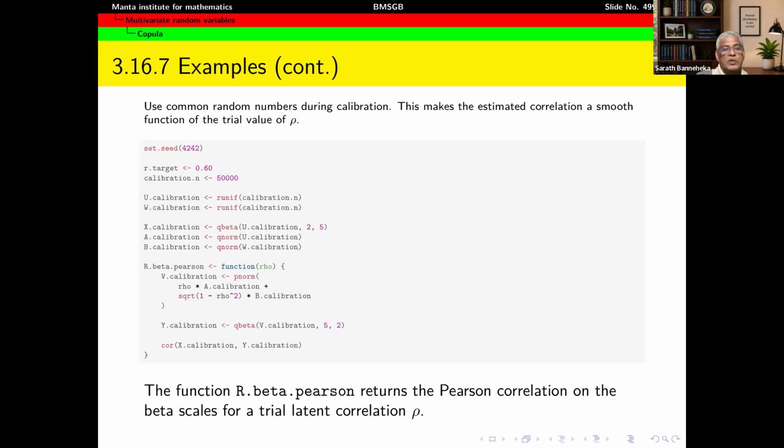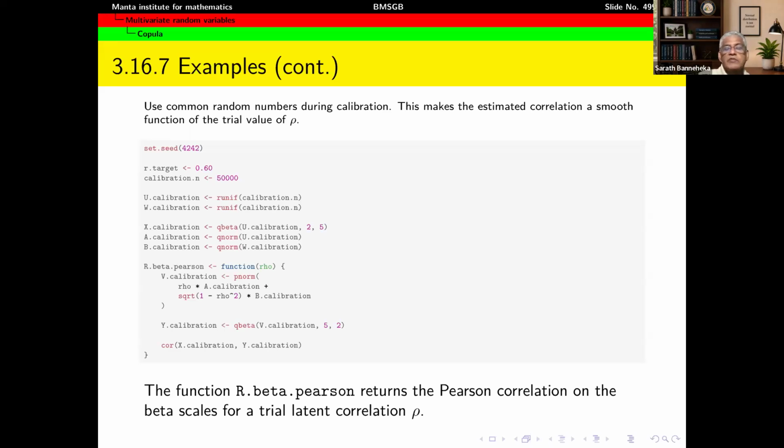What I want later on is to calculate the correlation between X calibration and Y calibration. So V calibration will be coming from this function here, and when we apply Q beta to V calibration, Y calibration is given. And then finally the output of this function will be the actual correlation between X calibration and Y calibration.